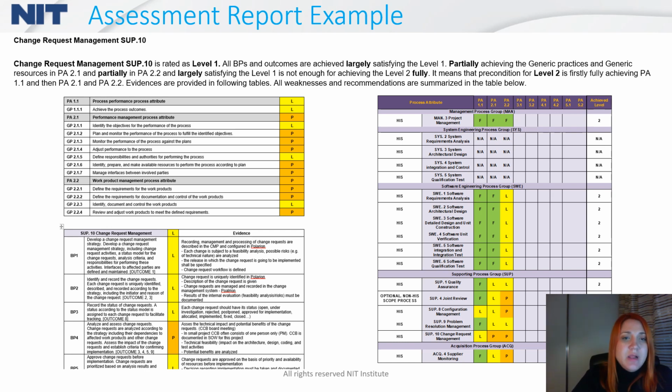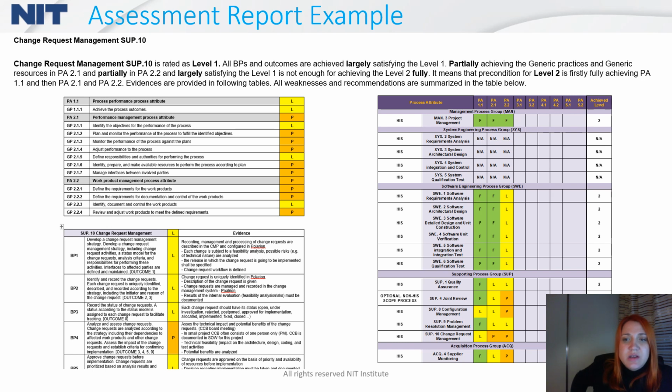Here's an example of one of the processes from the assessment report. For example, we have here change request management, SUP.10, and it is rated as level 1. It is rated as level 1 because all base practices and outcomes are achieved only largely, satisfying level 1.